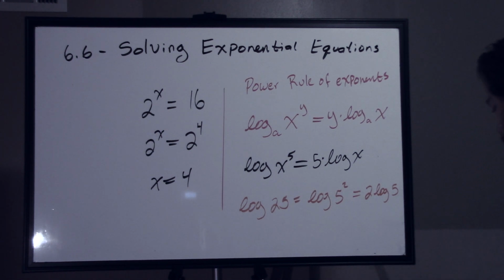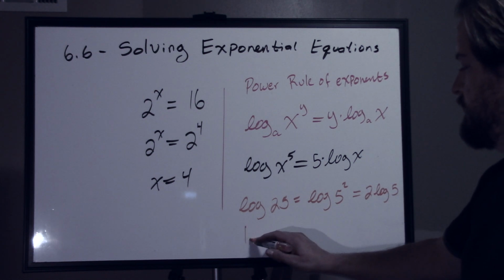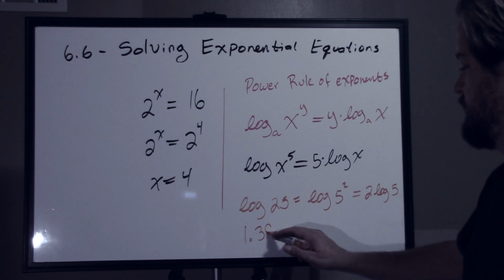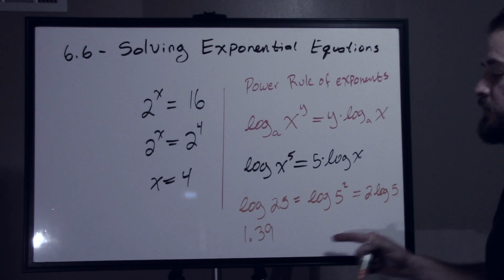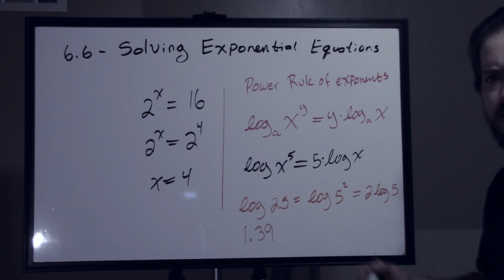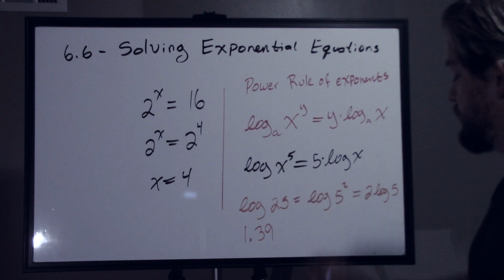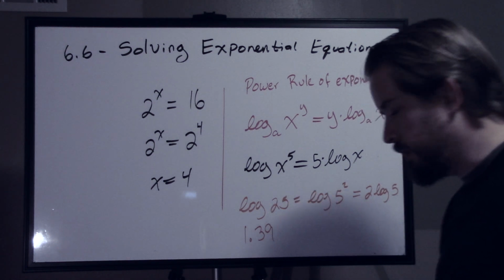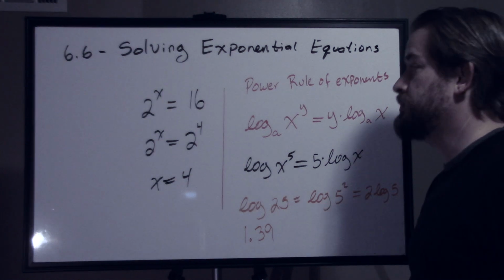There we go. 1.39. And if I plug in log of 5 and then multiply that by 2, I also get that 1.3979 never-ending number. So you can try it. It's going to work. As long as you input into the calculator correctly, you should be able to verify that this is true.